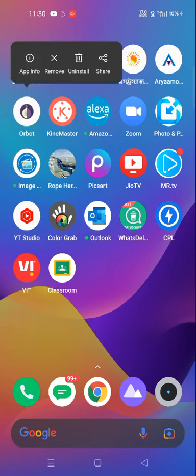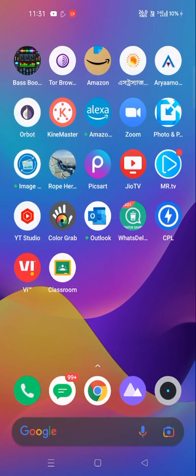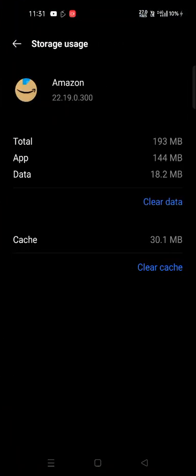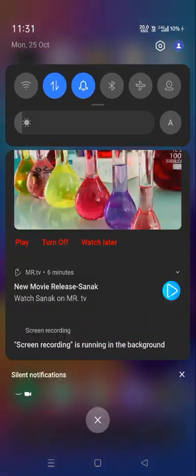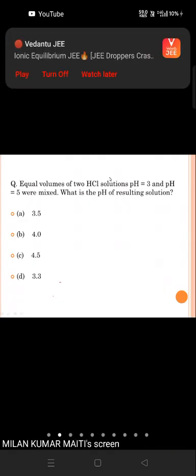That may be calculated using the formula M1 V1 plus M2 V2 is equal to M into V1 plus V2. Final molarity of the mixture will be 5.5 into 10 to the power minus 4.